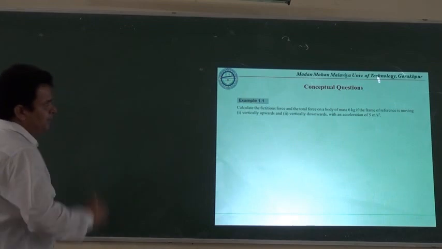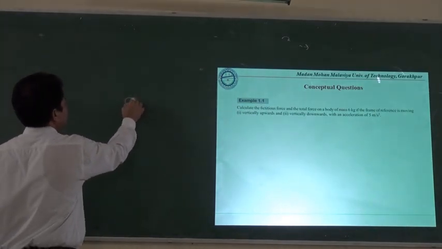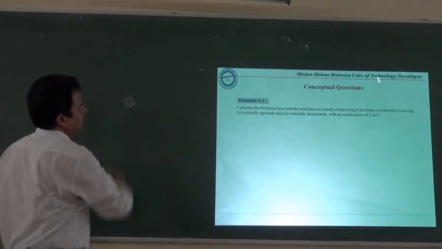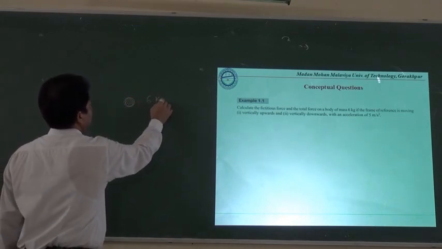A very simple problem is given here. We have a body, and this body has a particular mass, equal to 6 kg.